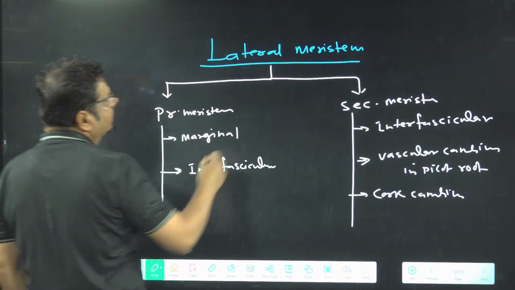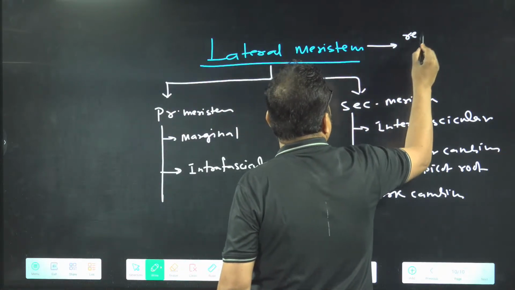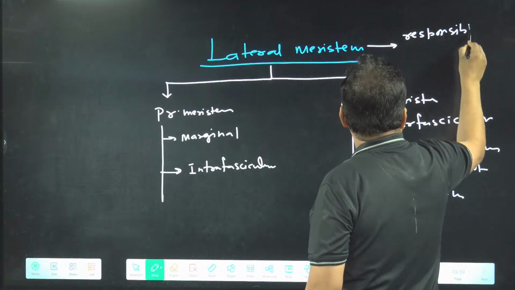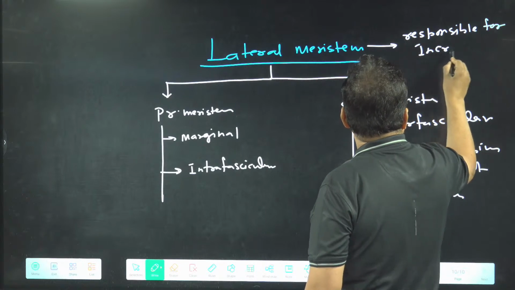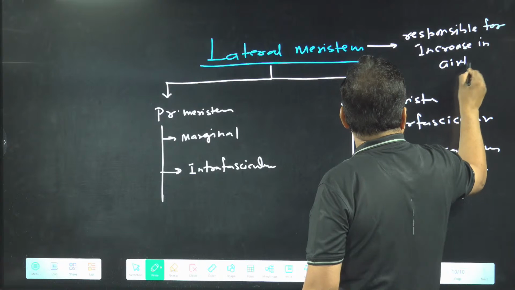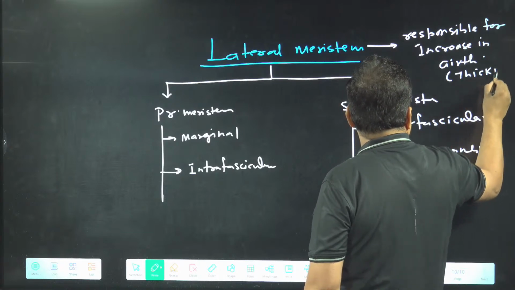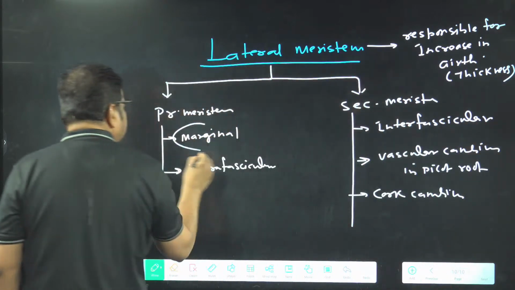Lateral meristems are responsible for what? Increase in girth or thickness of the plant, meaning secondary growth. The exception is marginal meristem.